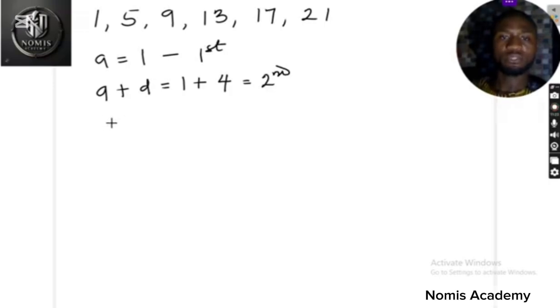Now the third term is a plus 2d. Remember that the difference is 4. So 1 plus 2 times 4 is 1 plus 8, and that is 9. That gives me the third term.